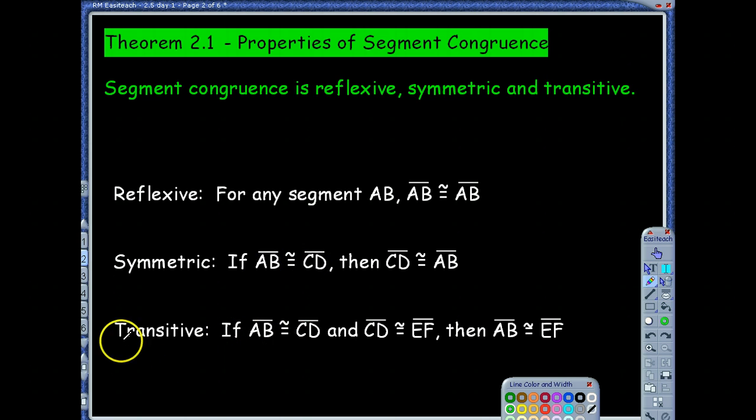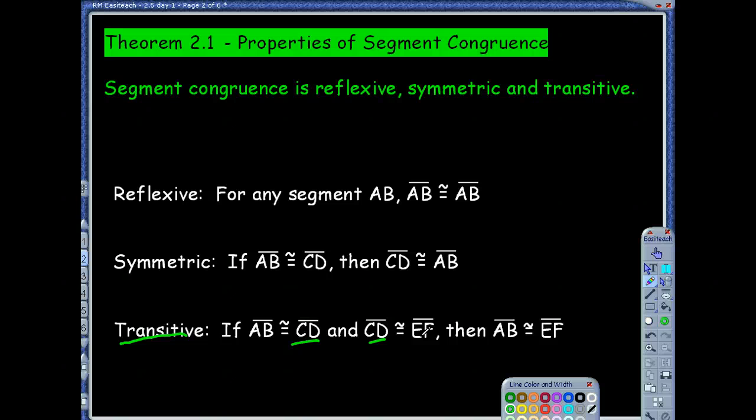The transitive property is also a property of congruence, where if I know two segments are congruent and one of those segments is congruent to something else, then if two segments are congruent to the exact same thing, they're going to be congruent to each other, just like we talked about with equality. One thing I want to point out: notice that the word substitution is not up here. Substitution is not a property of congruence. It is only a property of equality.